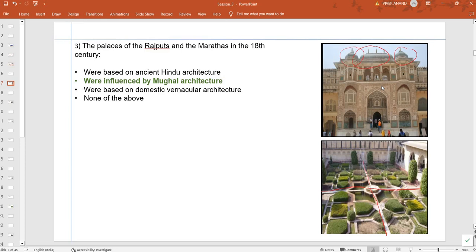There was a very famous style of garden construction in Mughal architecture, which was also influenced by Afghan and Timurids. So what was the name of that style? In this picture, how many gardens you can see? If you are asked to tell how many broad divisions there are, then what will you answer?